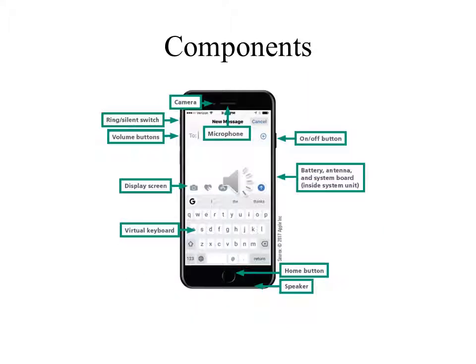The components that we see on a smartphone are a bit different from the two previous cases. We have a ring silence switch because telephones may need this. For similar reasons, we have a battery and antenna. The keyboard is a virtual keyboard that appears on the touch-sensitive screen. The rest of it is more similar.